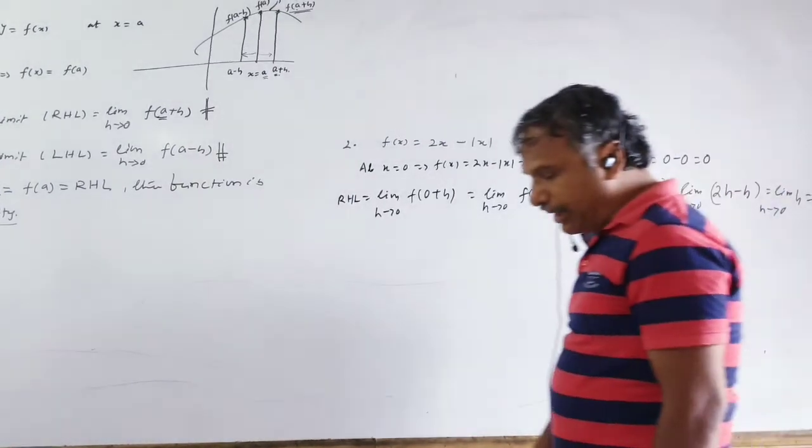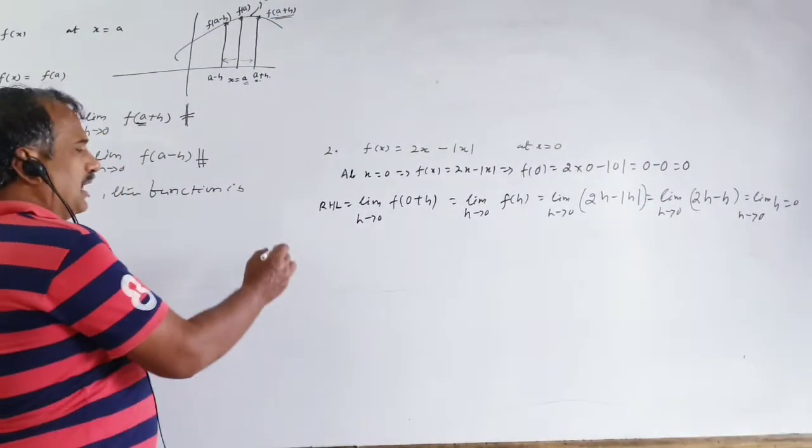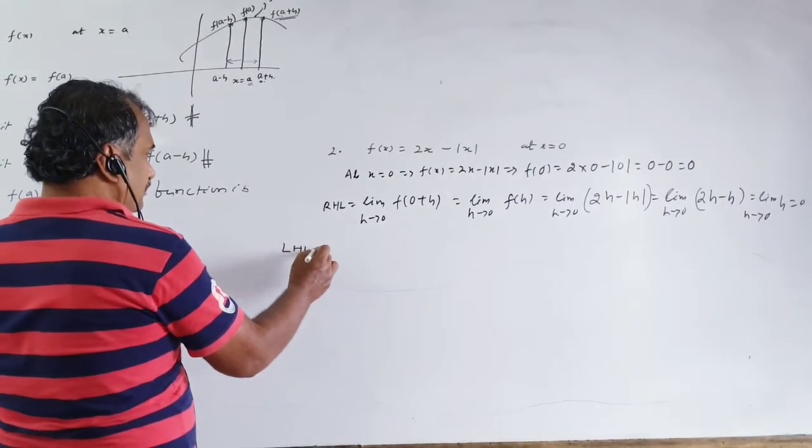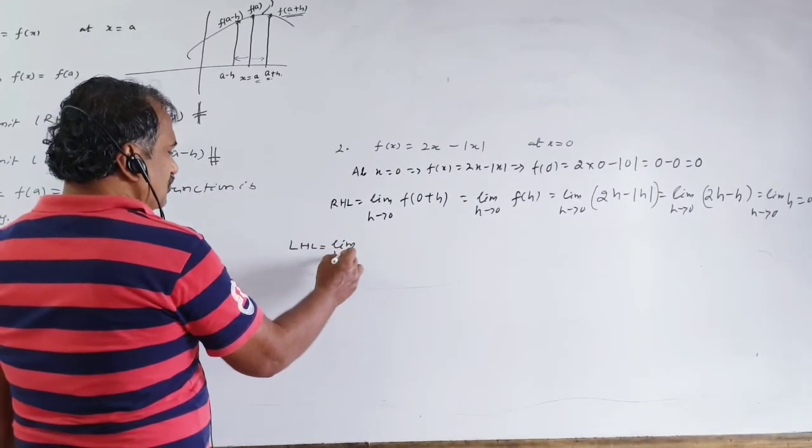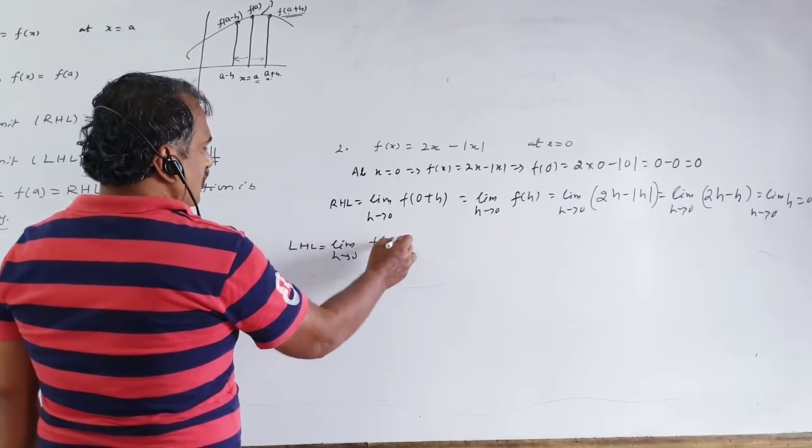Okay. Now next one is the left hand limit. Limit x tends to 0 of f of 0 minus h.